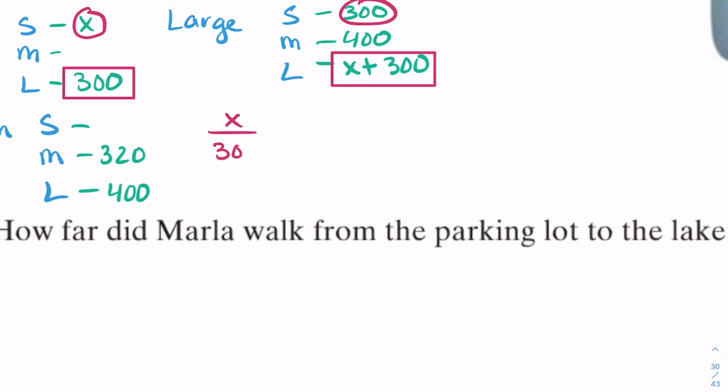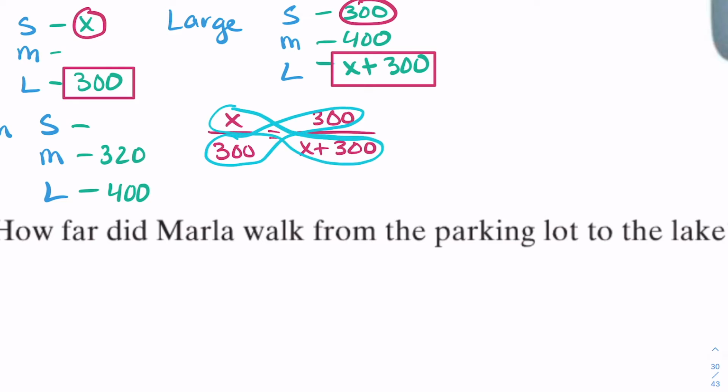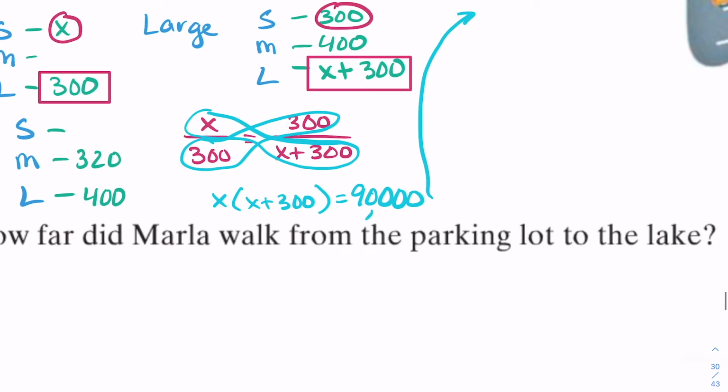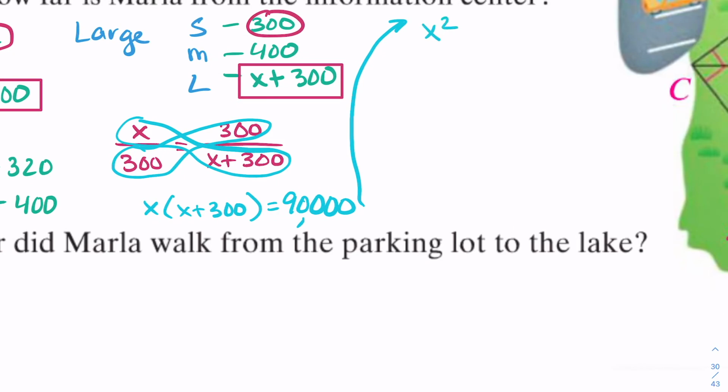So x over 300 equals 300 over x plus 300. And that will be 90,000. So it looks like I get x times x plus 300 equals 90,000. And that will give me x squared, because I'm going to distribute, and 300x equals 90,000.